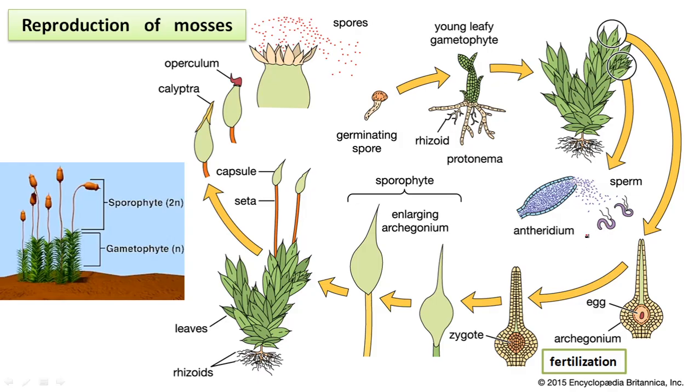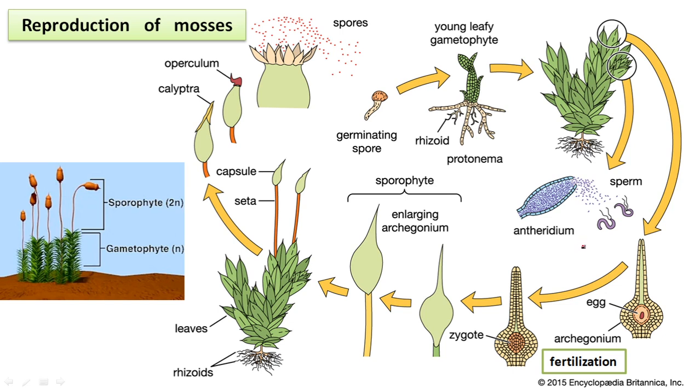So now in page 147, we are going to see the reproduction, the sexual reproduction in non-flowering plants. And in the next lesson, we will see the sexual reproduction in flowering plants.